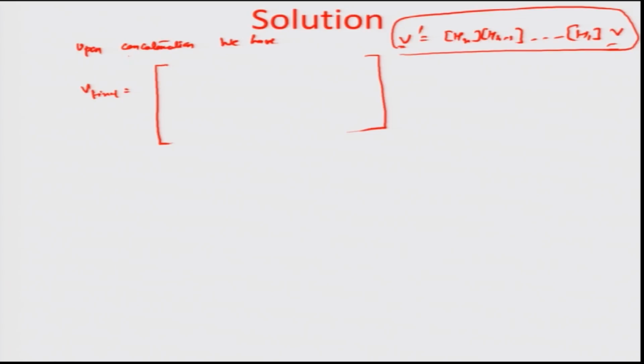So, in one case we will have 3 plus 2 sine of 30, we will have 3 plus 4 cos of 30 plus twice sine of 30.